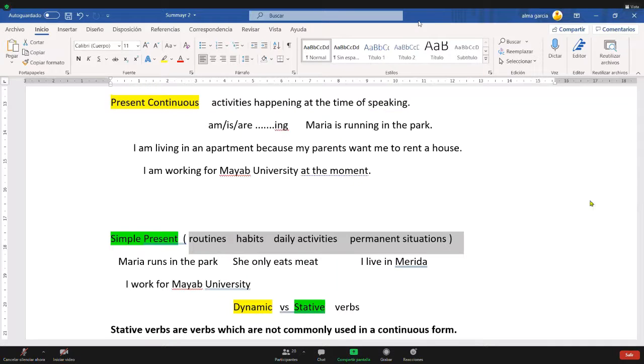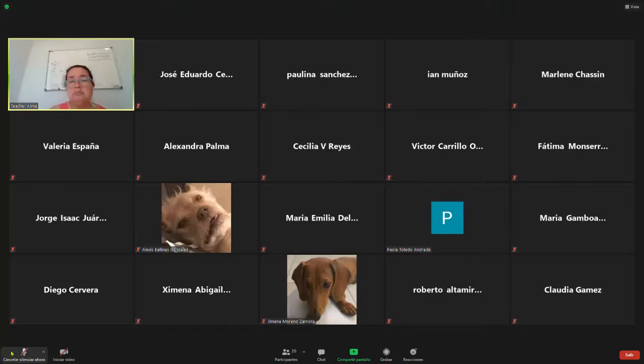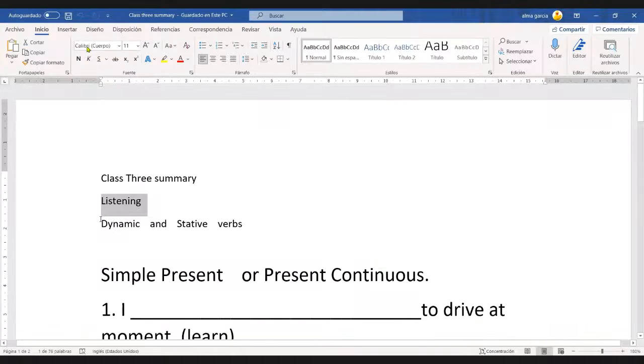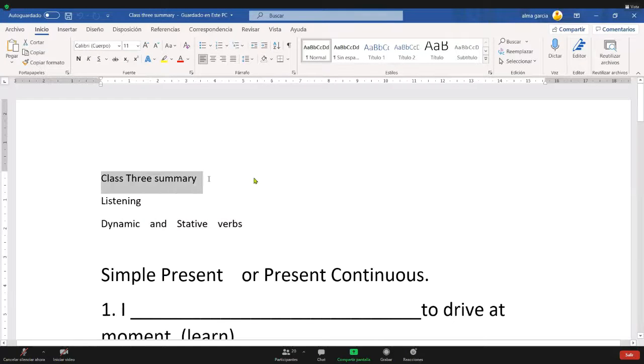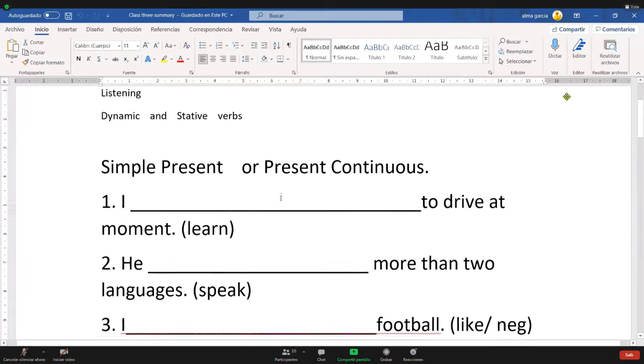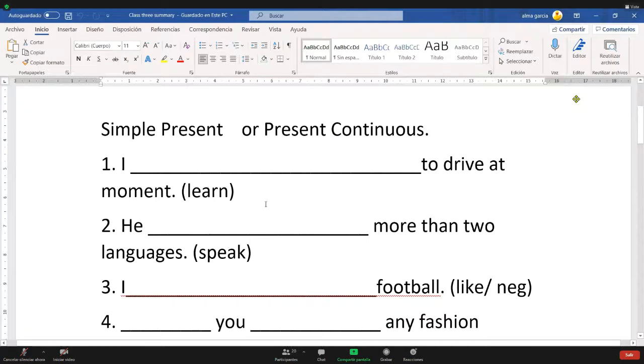Yes, Miss. All right. Is it okay if I remove this? May I? Yes. Okay, there it is. Thank you. And now that we have already seen the differences between dynamic and stative verbs, this is a class summary, number 3. Okay, we have present continuous or simple present.